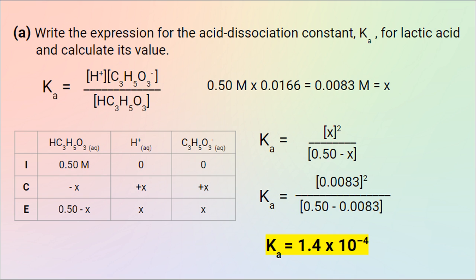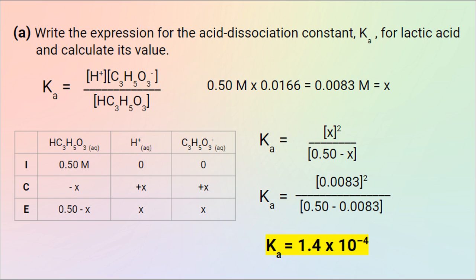So for part A, we have to write an expression for the acid dissociation constant Ka for lactic acid and calculate its value. On the quiz, I got that right, and so the equilibrium equation is K is equal to the concentration of H plus times the concentration of C3H5O3 minus divided by the concentration of HC3H5O3.